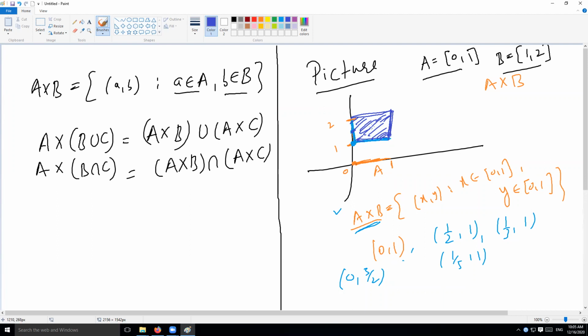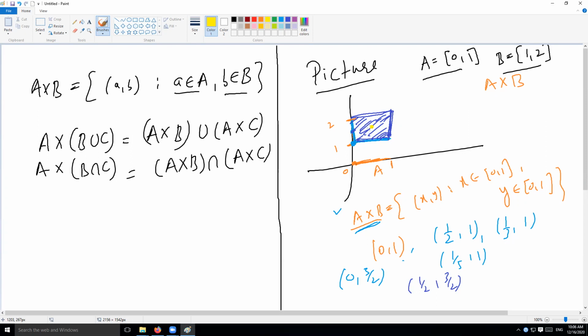For example, will there be a point 1/2 and 3/2? Will 1/2, 3/2 be there? Yes, sir. And where will it be? It is going to be right in the middle actually.